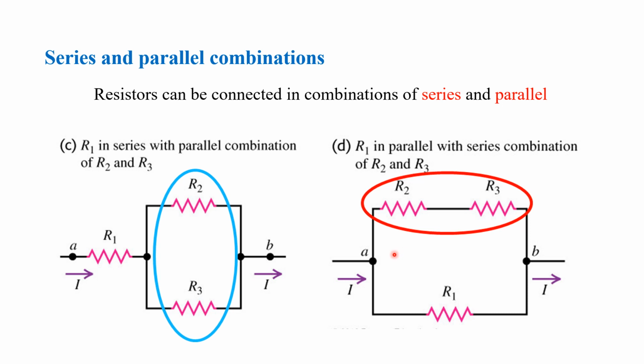Or you may have R1 in parallel with a series combination of R2 and R3. To simplify this, you first take the equivalent resistance of R2 and R3, which are in series, and then take the parallel combination of that with R1. So you can combine your resistors in any way that you like.